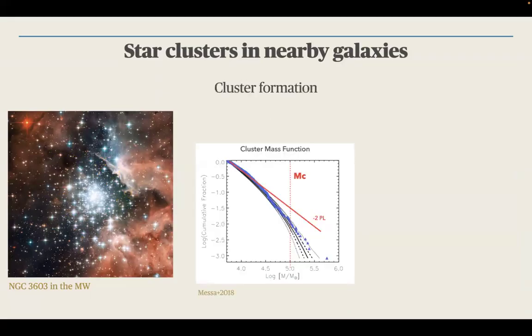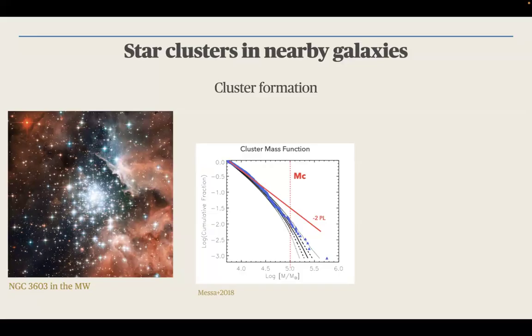And the other way around, they can be affected by their environment. So this is the cluster mass function. This is in M51, another nearby galaxy. The cluster mass function is the distribution of the number of clusters per mass in the galaxy. Since it's a declining power law, it means that there are a lot of low mass clusters and very few high mass clusters.